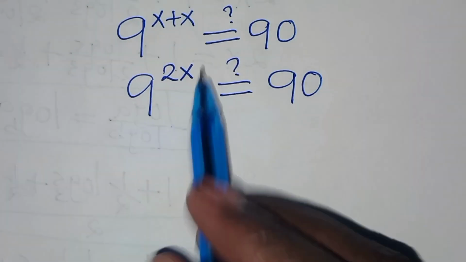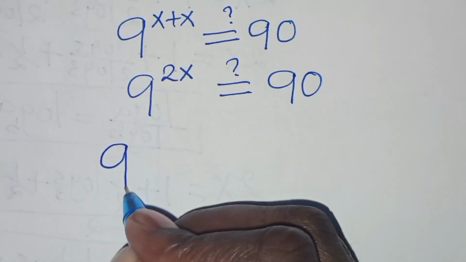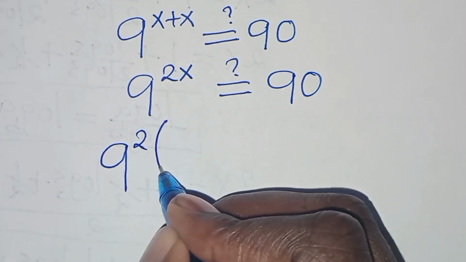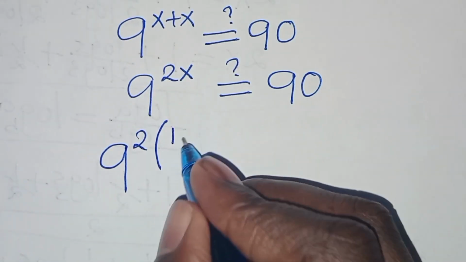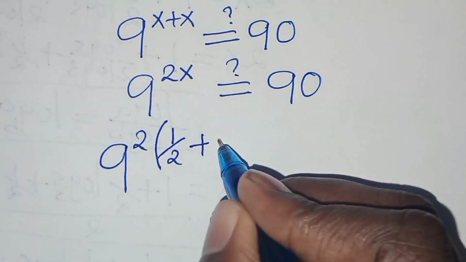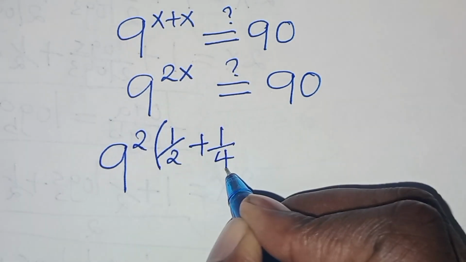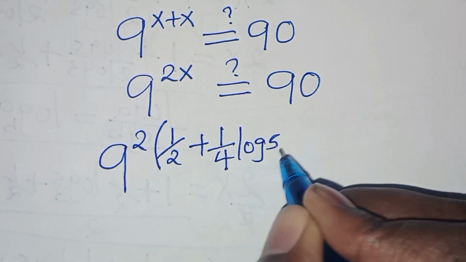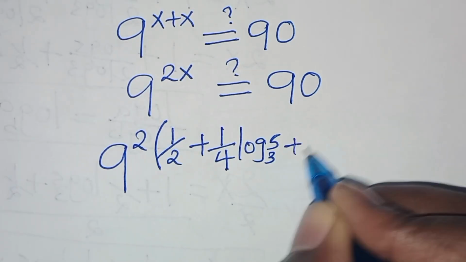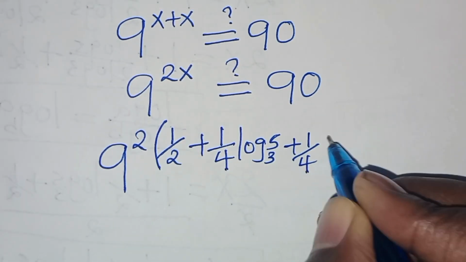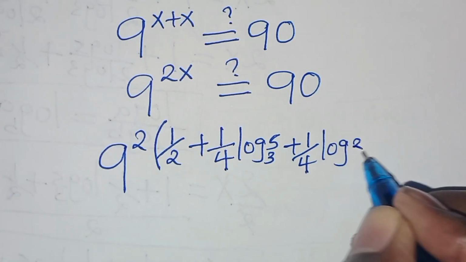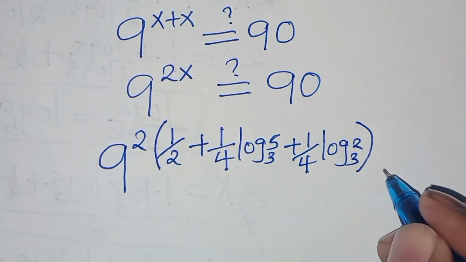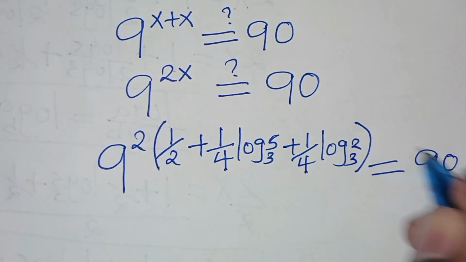So the next step is to substitute for the value of x, so that we'll have 9 to power 2 times x, which is half plus 1 over 4 log 5 to base 3 plus 1 over 4 log 2 to base 3. This is supposed to give us a value of 90.